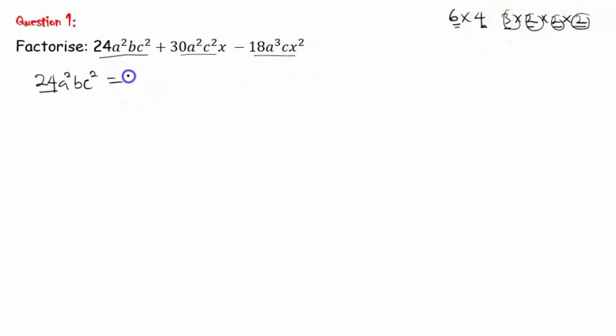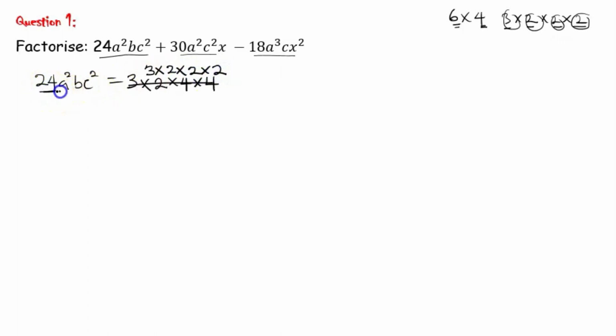So here you are going to have 3 times 2, then times 2 times 2. The factors you are going to use must be such that, by the time you multiply everything together, it gives you back what you started with.